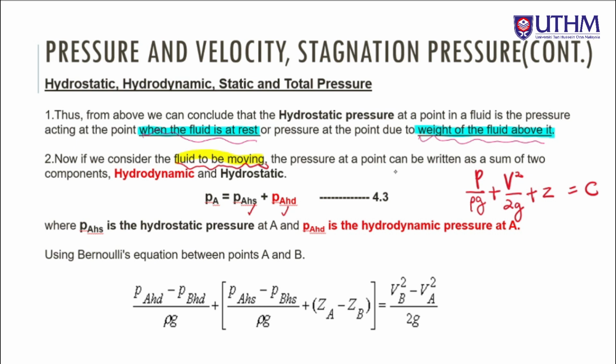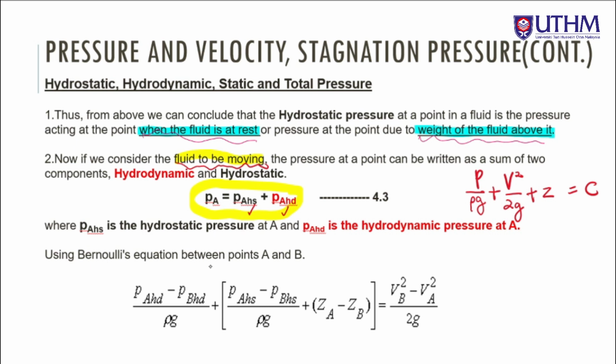The pressure at a point can be written as a sum of two components, which are the hydrostatic and hydrodynamic. Macam yang saya mention awal-awal tadi kan, total pressure equals to dynamic pressure plus the static pressure. So in this case is a hydrodynamic pressure plus the hydrostatic pressure.